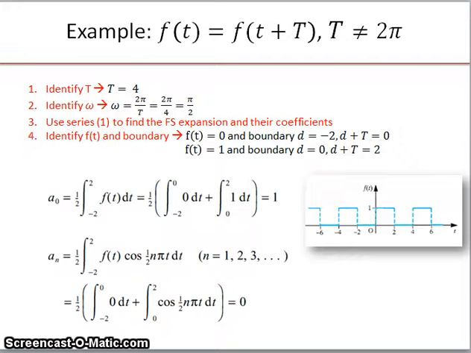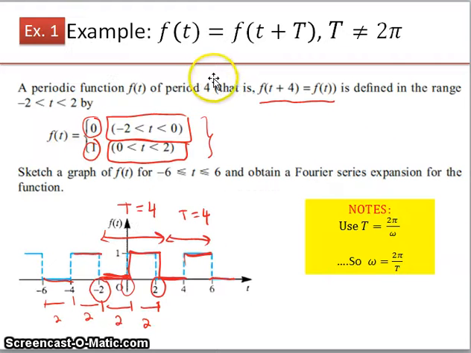So I list down all these steps so that you can follow, by first identifying the period based on the question. Based on this question, we can see that the period is clearly stated as 4.